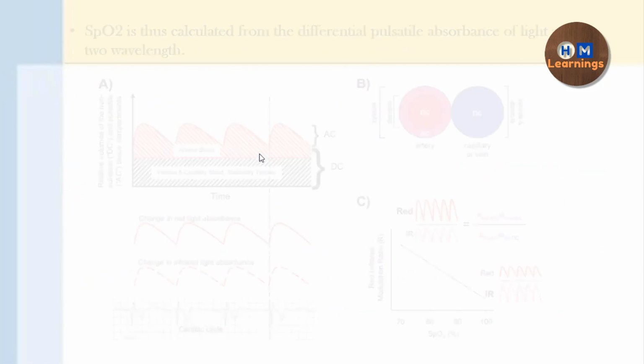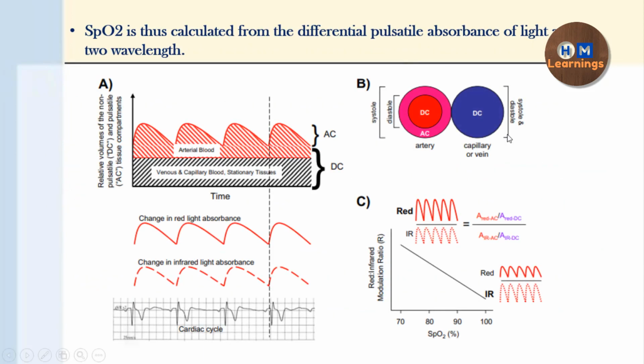This is a diagram showing the difference between the artery, the capillary and the vein. They show the direct current, meaning the non-pulsatile component, and the artery shows the alternating current because it has the pulsatile component. Then the SpO2 is calculated from the differential pulsatile absorbance of light at two wavelengths.